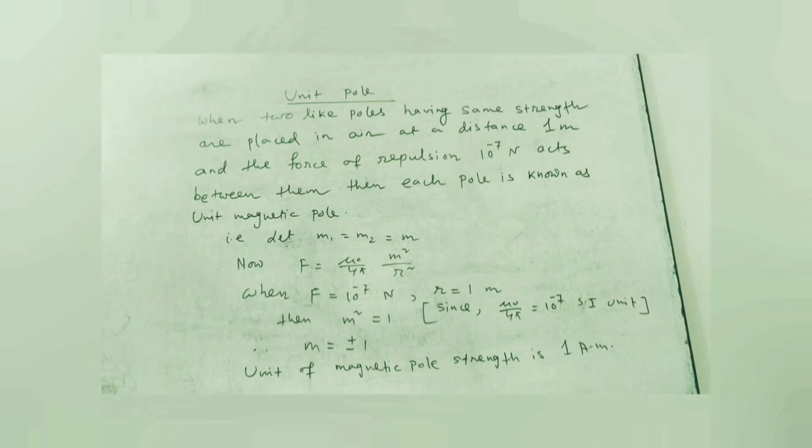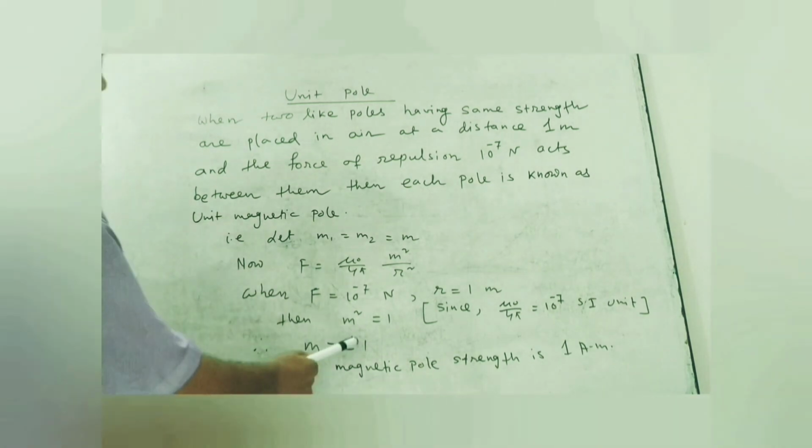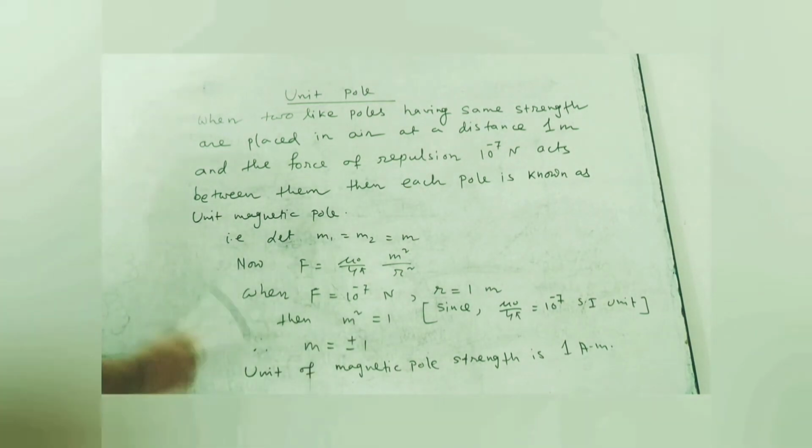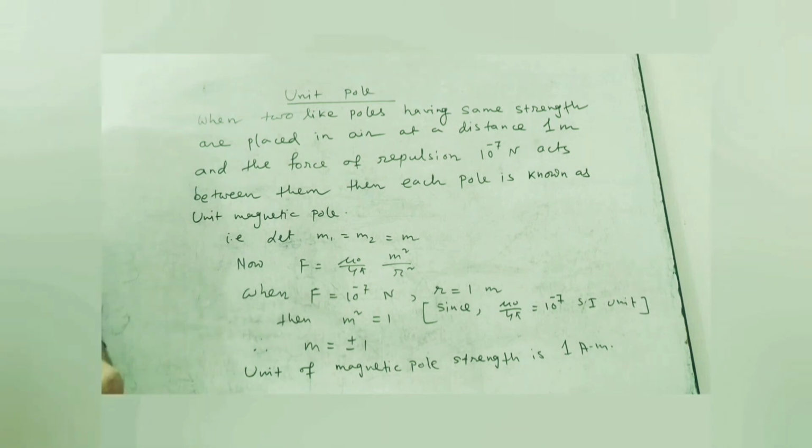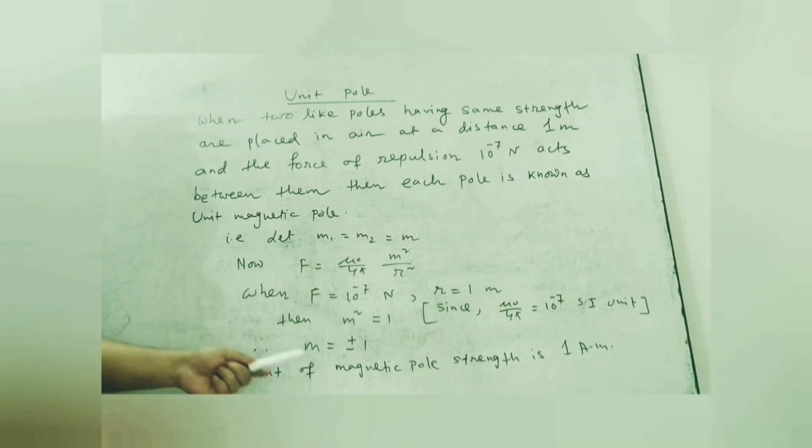Therefore m is equal to plus or minus 1. That is, m is the unit magnetic pole. The unit of magnetic pole strength is ampere meter.